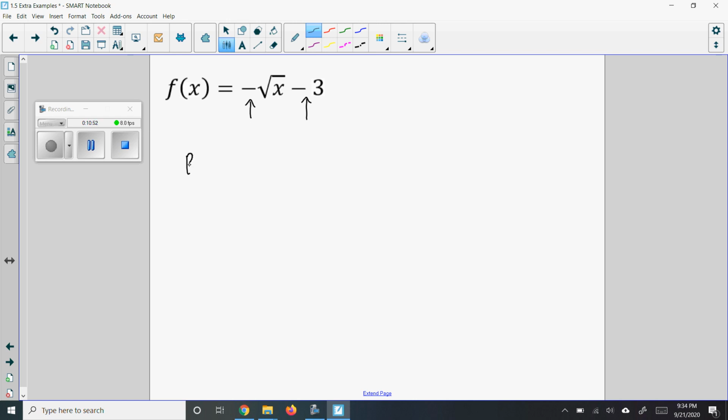So the parent is the square root of x. This negative is a reflection over the, see, you're going to make mistakes about these, a reflection over the x-axis. The minus 3 means it's gone down 3.